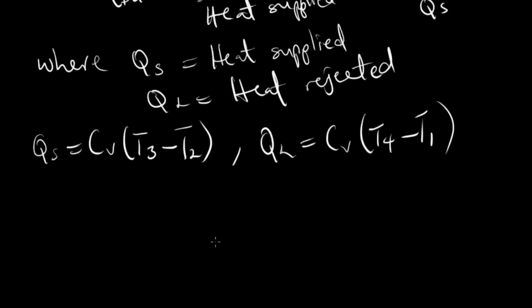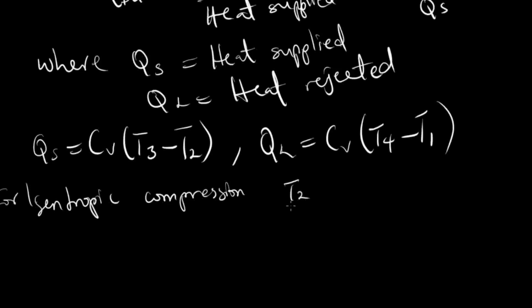Okay, let's start with the compression. For isentropic compression, T2 over T1, of course, an isentropic process, equals V1 over V2 raised to power n minus 1.